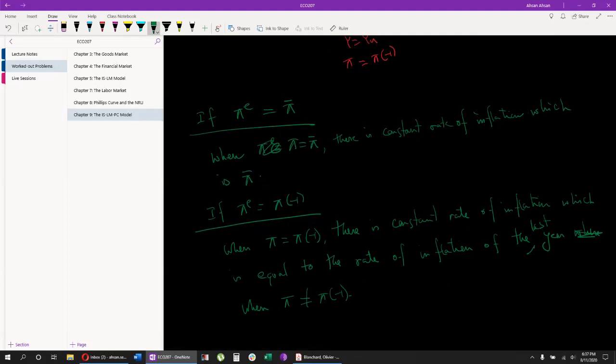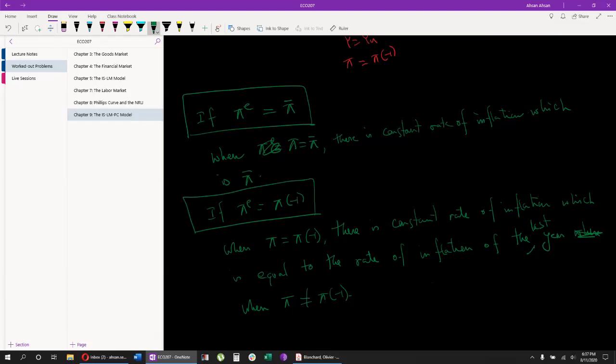So the difference between these two is, as long as we can make sure that inflation is equal to expected level, we have controlled the inflation.